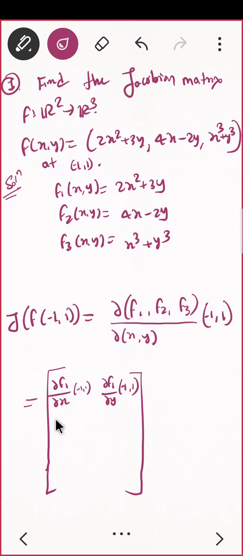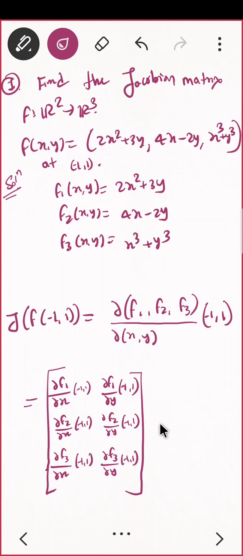Same thing, dou f2 by dou x, dou f2 by dou y. Like this, correct? Now you just have to substitute and put the value. That's it. That matrix you obtain, that will be your final matrix.